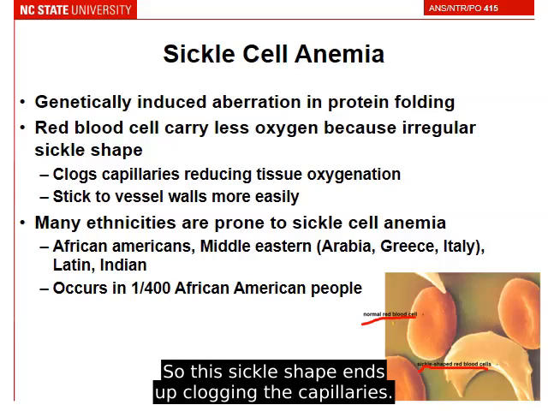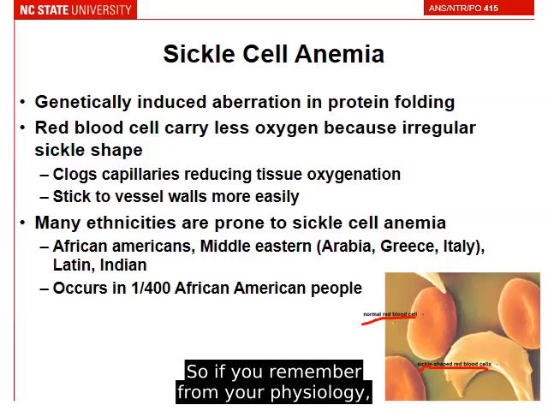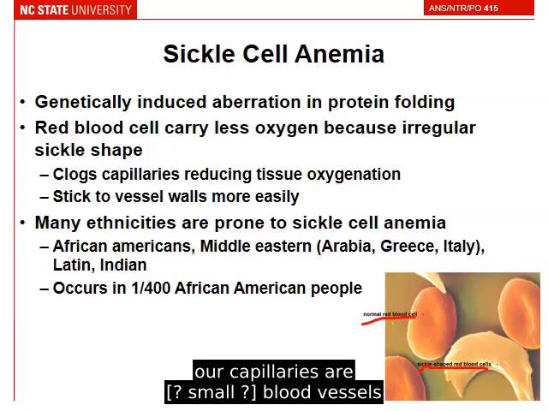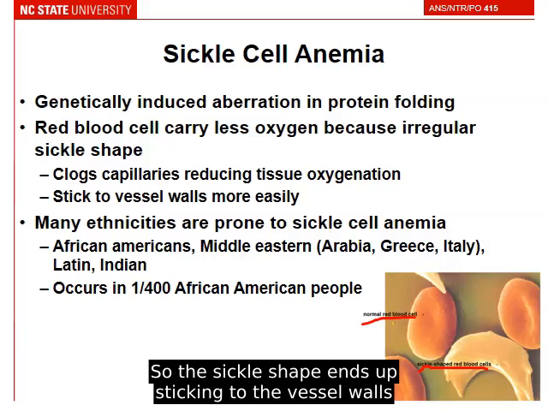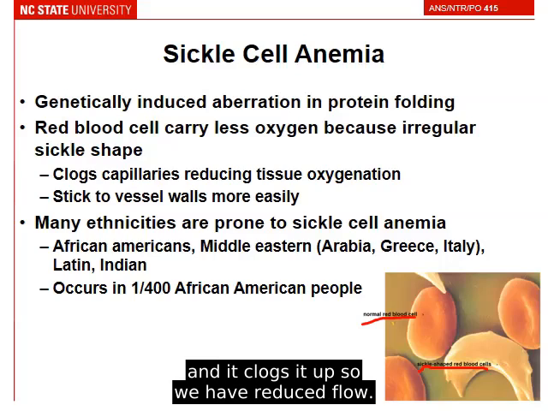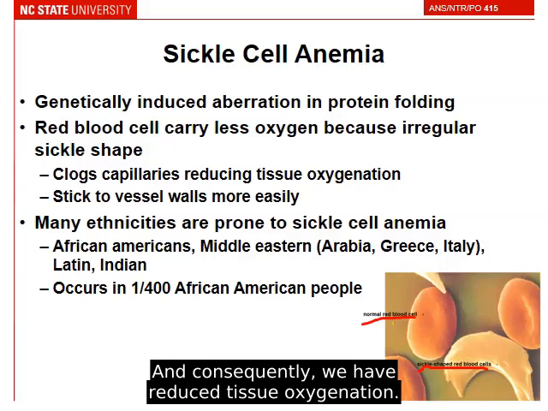So this sickle shape ends up clogging the capillaries. So if you remember from your physiology, our capillaries are small blood vessels that can basically only carry one blood cell at a time. So the sickle shape ends up sticking to vessel walls, and it clogs it up, so we have reduced flow, and consequently we have reduced tissue oxygenation.